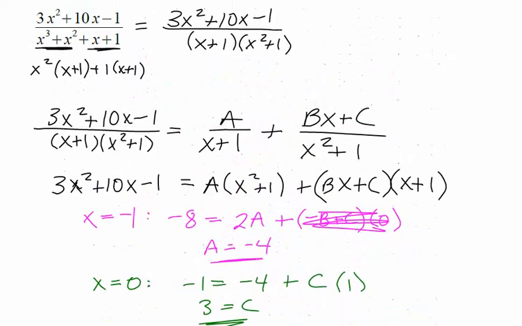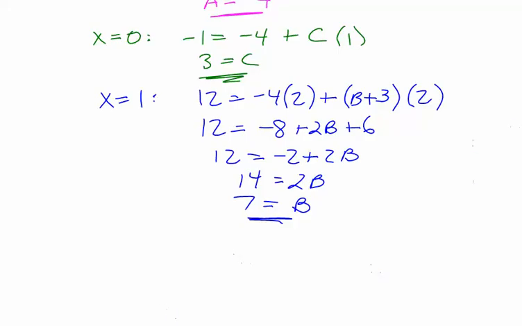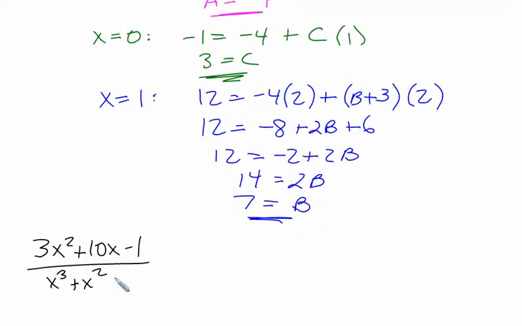So when we go to answer this question of what our final answer will be, we get the 3x squared plus 10x minus 1. And we'll write out this whole fraction, please. 3x squared plus 10x minus 1 all over x cubed plus x squared plus x plus 1 is equal to.